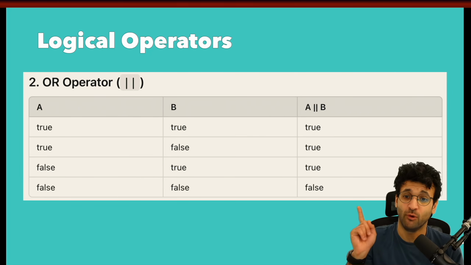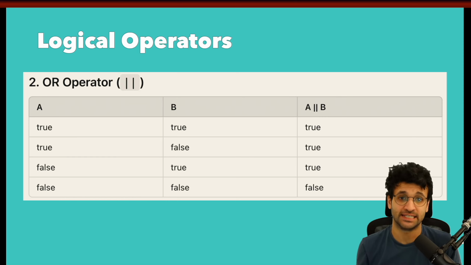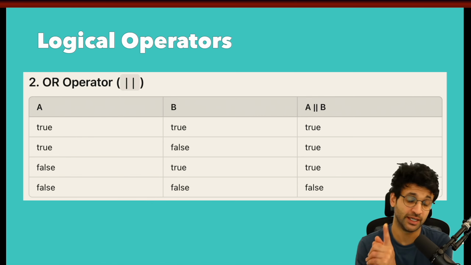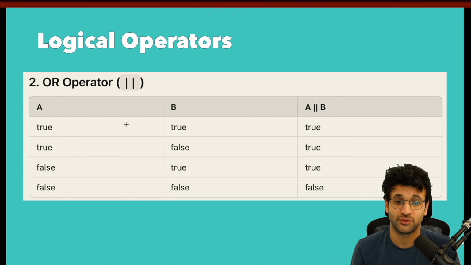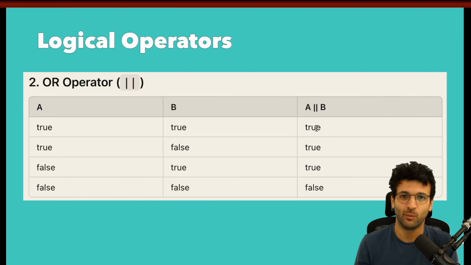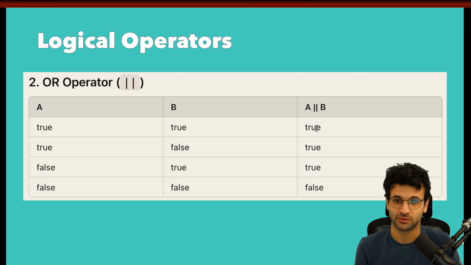Now moving on to OR. OR works like addition. So replace each true with 1 and each false with 0. True or true is true, as in, is the value of the addition not 0? Yes, 1 plus 1 is 2, so it's not 0. True plus false: is the value of adding 1 and 0 not 0?